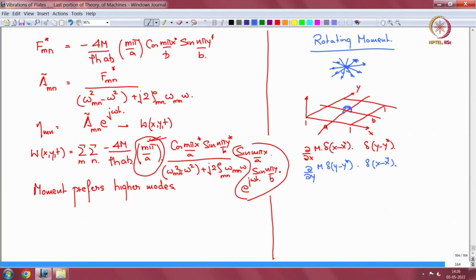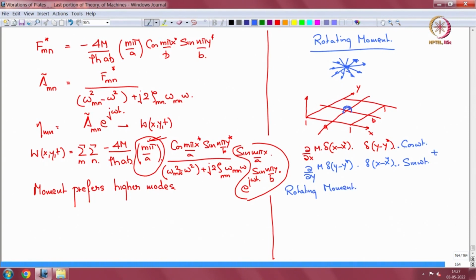Okay. Now, if I apportion these in terms of cosine and sine, what I mean is if I make this a cosine omega t, if I make this a sine omega t, multiply by, okay, then you should be able to see that together they represent a rotating moment. Okay.